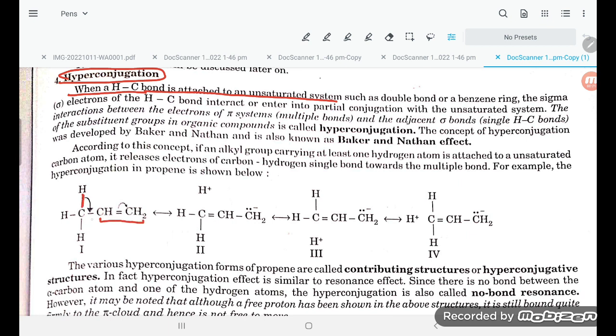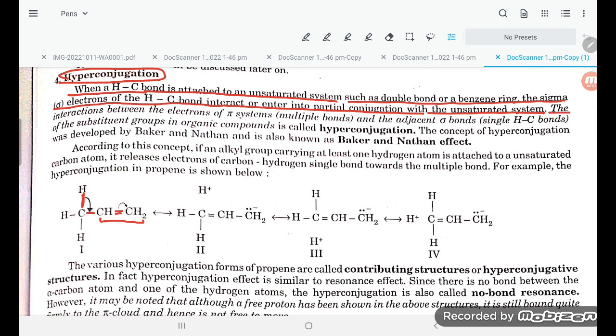With such a double bond or a benzene ring, the sigma electrons of the C-H bond enter into partial conjugation with the unsaturated system.